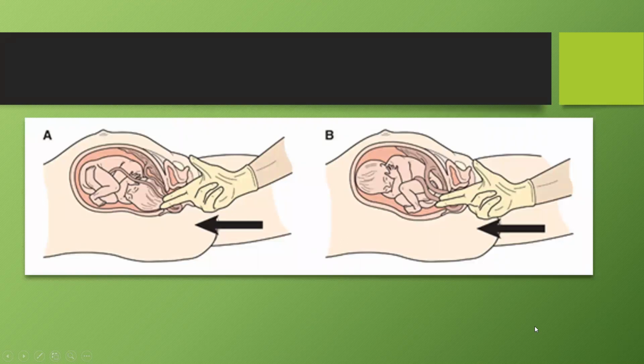So if a nurse does discover that there is a cord prolapse, we need to do some immediate response. We will do an exam. We don't try to push the cord back in, but we will try to find the presenting part of the baby and push up to prevent pressure on this baby's cord. And we also want to use gravity to the best of our advantage.